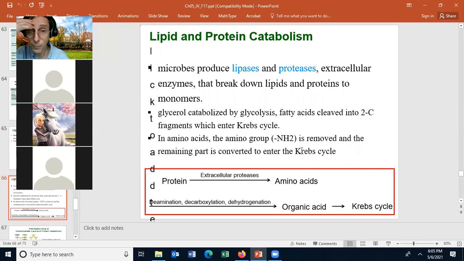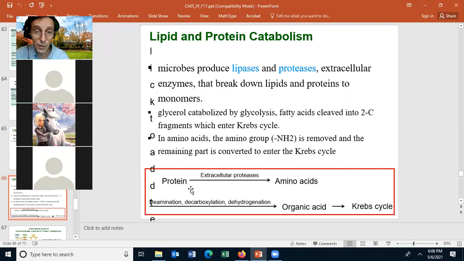And microbes, as well as your intestinal cells, produce lipases and proteinases to extracellularly digest those large molecules and break down the proteins and the lipids into monomers, and then bring the monomers into the cell and utilize them by catabolism to make ATP.